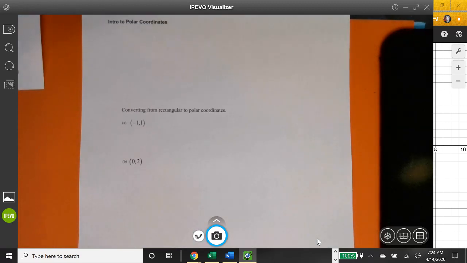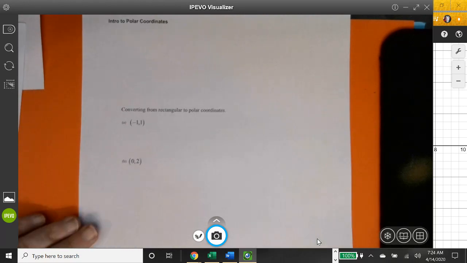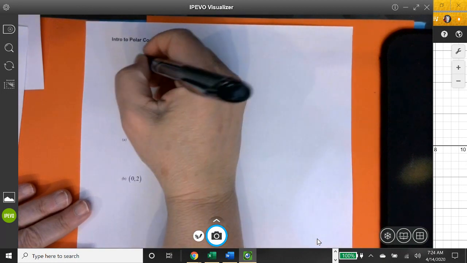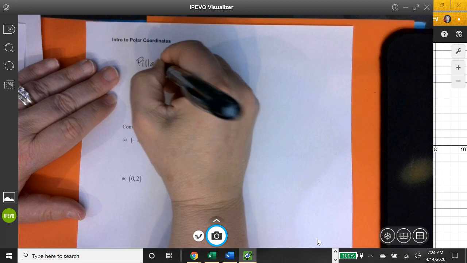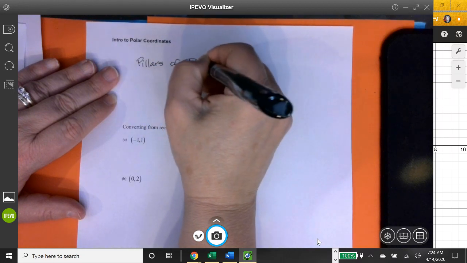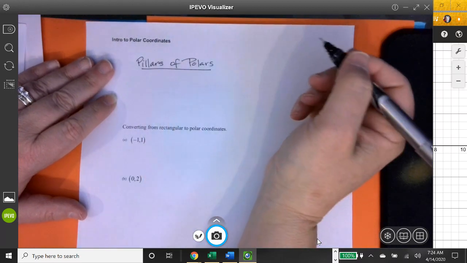Last thing, we're going to go from rectangular to polar coordinates. All right, so we're going to review the pillars of polars. What are the pillars of polars?